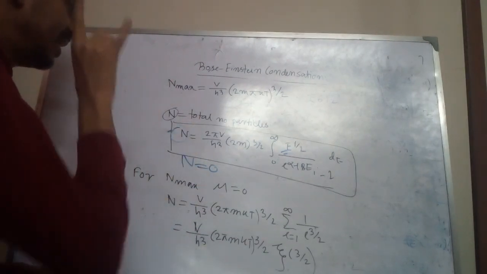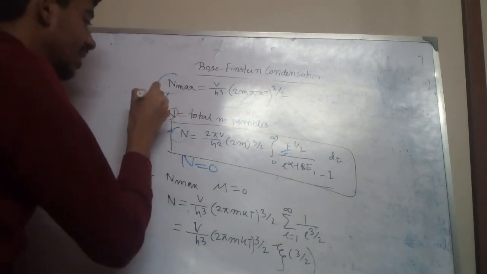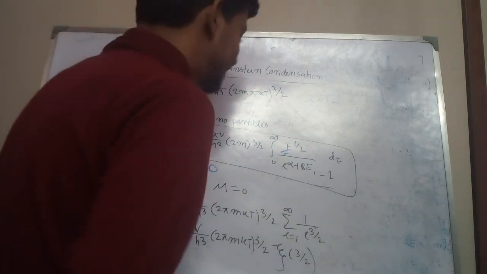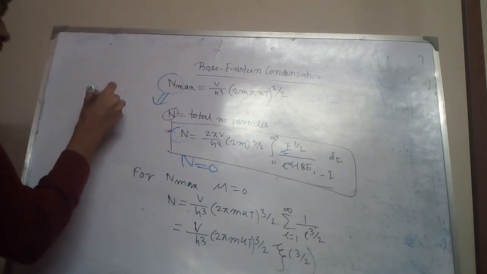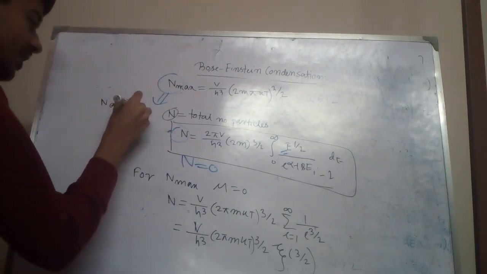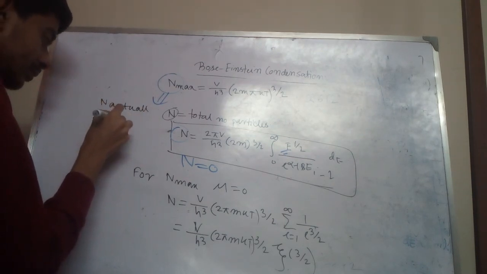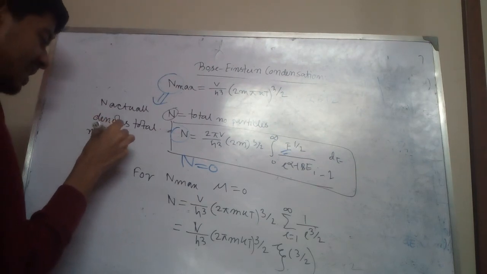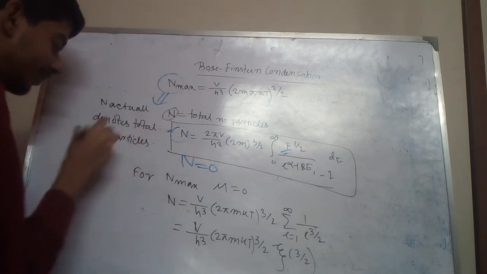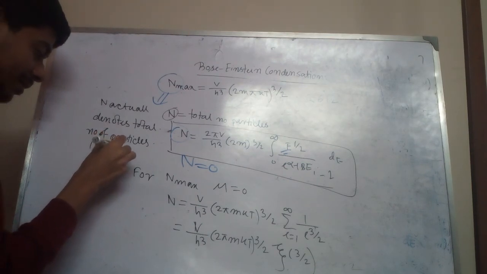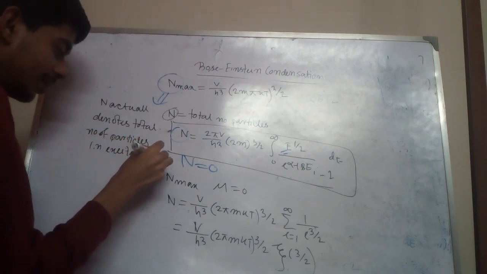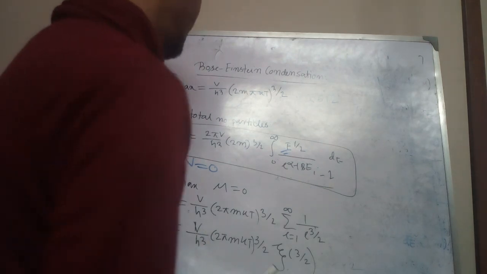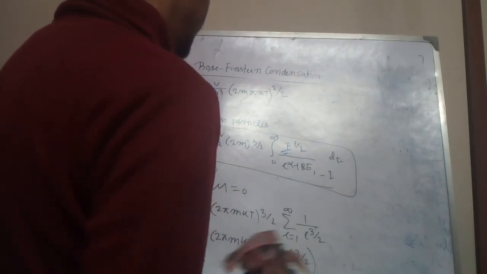So here N actually denotes the total number of particles in the excited state. But we all know that there may be a possibility that particles may also be in the ground state.